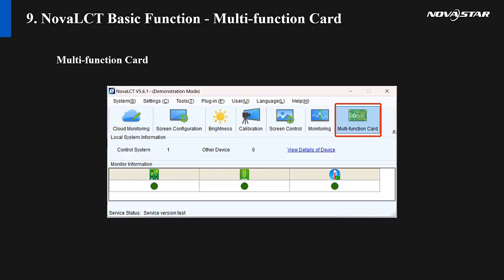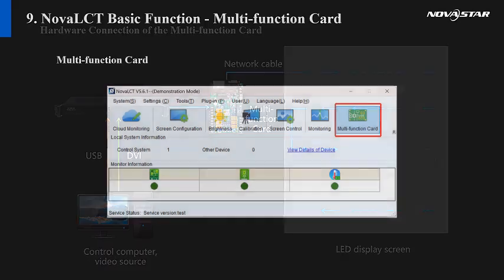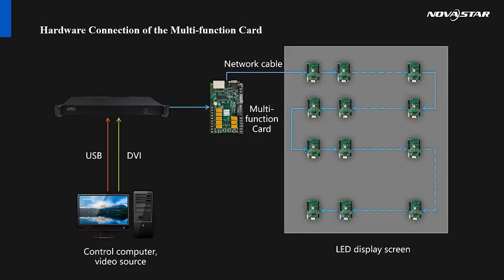The LCT multifunction card option is used to configure the multifunction card and perform power management, view monitoring data, set up and load programs, and manage audio. It needs to be used together with a multifunction card. Our product here is the FN300 Nemesis.